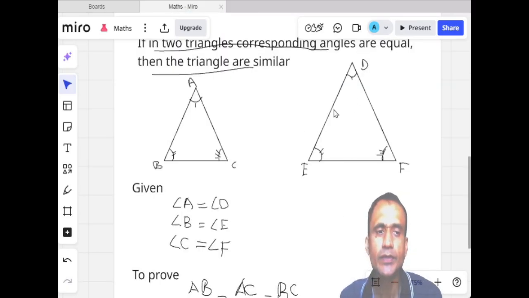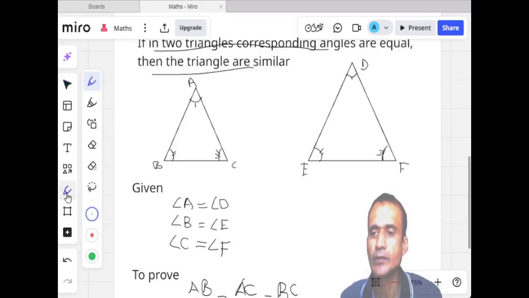To prove this theorem, we do some construction. We find a point G on DE such that DG is equal to AB. So let this be the point. And we find a point H on DF such that DH is equal to AC.